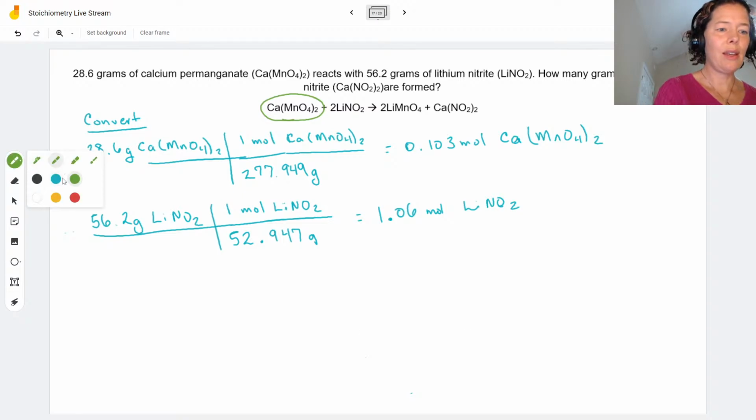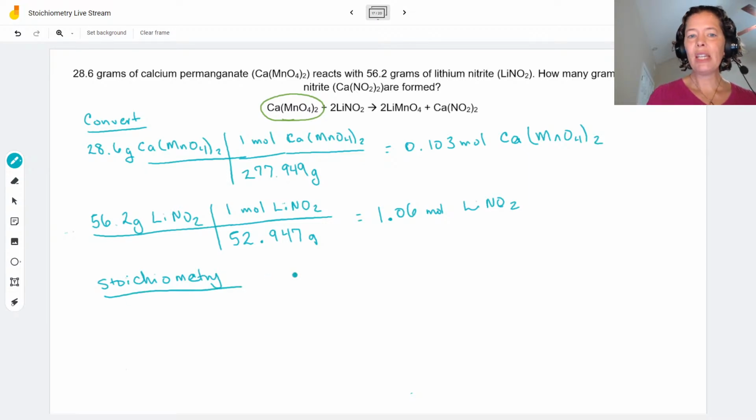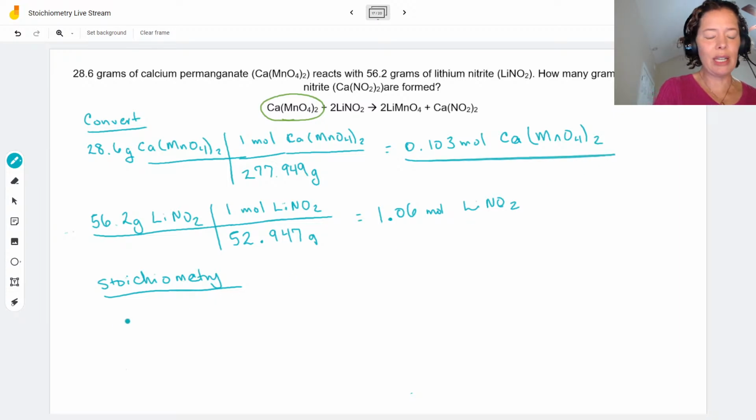Okay, now let's do our stoichiometry, starting with my moles of my limiting reactant, which are of course right here.